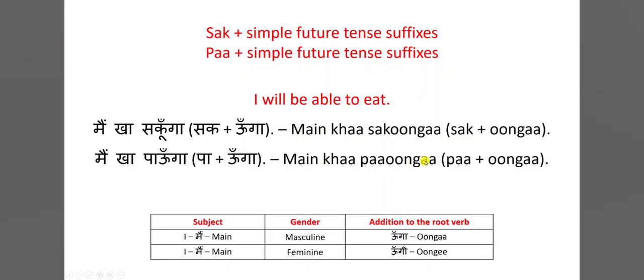This is one more way to say this. And you are free to use any. There is no condition to use this or this. So this is how we frame will be able to sentences. We select simple future tense suffixes according to the subject and then add it to sak and pa. Let us look at a few example sentences.